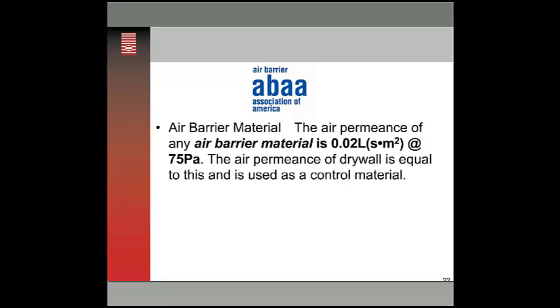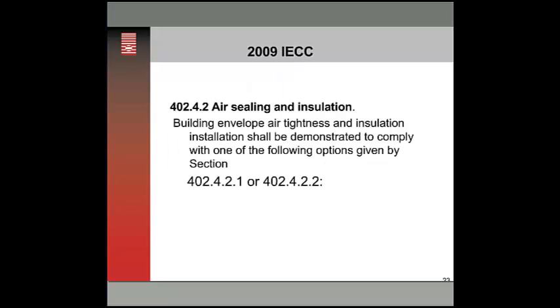And that just happens to be the air permeance of drywall, and it's used as a control in their test procedure. If you go to product manufacturers, for a manufacturer to state that their material is rated as an air barrier material, that's the nuts and bolts pass-fail criteria, 0.02 liters per second per meter squared.